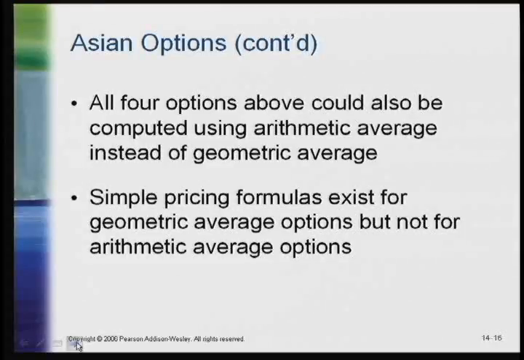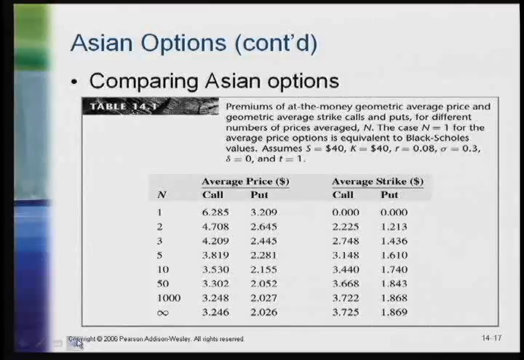So in fact, there are explicit Black-Scholes type formulas for puts and calls using geometric averages, whereas an arithmetic average, which looks much simpler, is mathematically much less tractable, much harder, and must be solved numerically, typically with a binomial lattice or some other method.